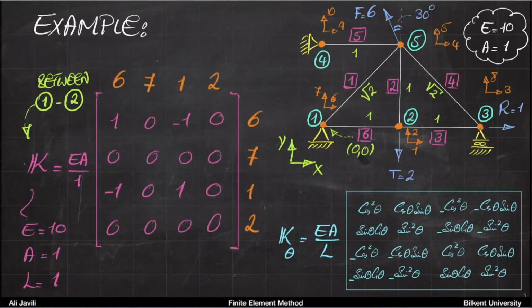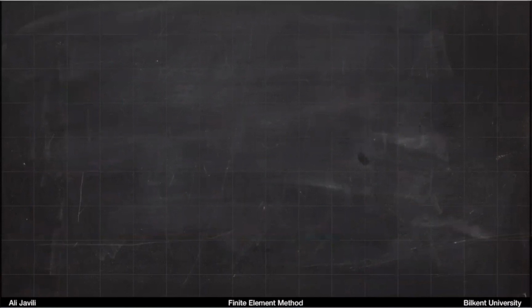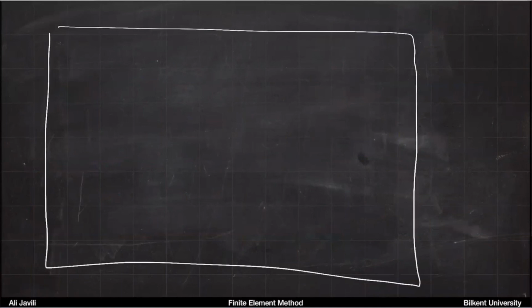All right. So you have everything you need now to assemble your stiffness matrix. And that's what we want to do. So remember, the stiffness matrix is going to be a 10 by 10 matrix. So I'm going to draw that here.